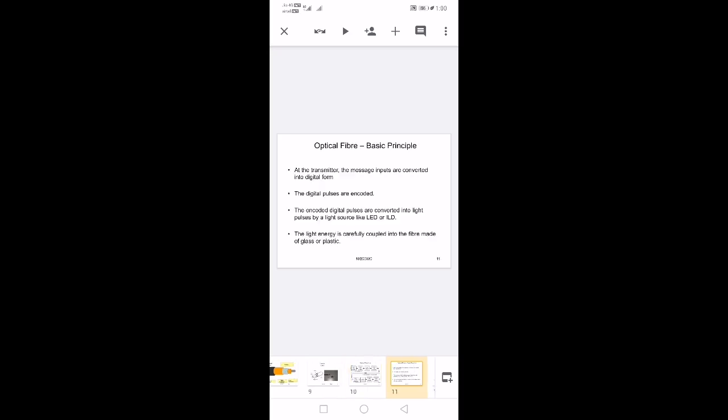So the basic principle: at the transmitter the message inputs are converted into digital form. The digital pulses are encoded. The encoded digital pulses are converted into light pulses by a light source like an LED or ILD. So whatever the digital pulses are, they are converted into light pulses by using the LED, and this light energy is carefully coupled into your optical fiber cable.